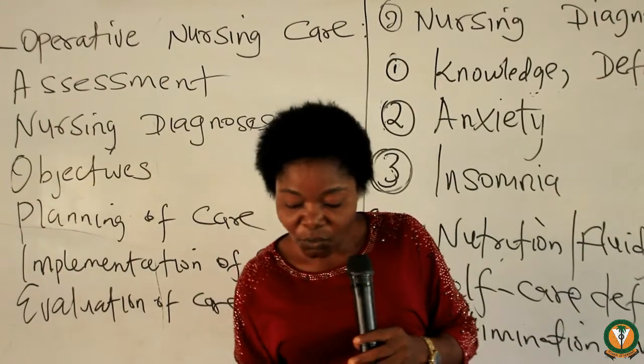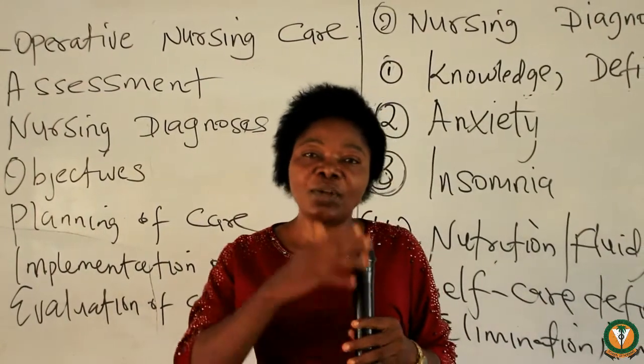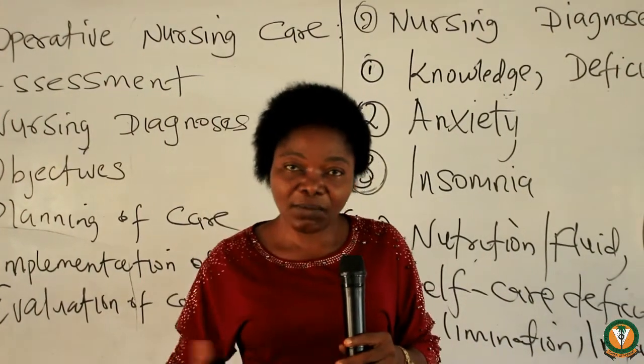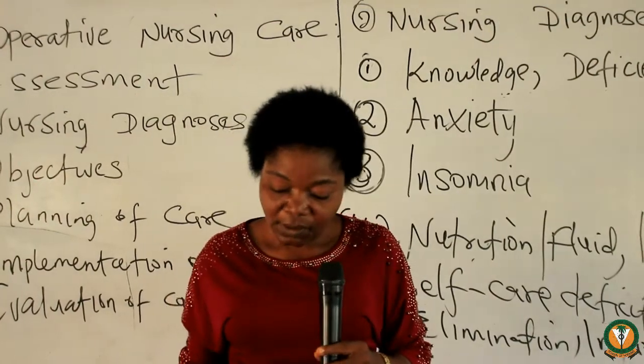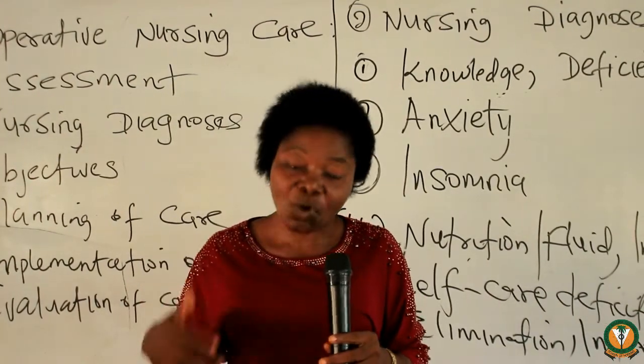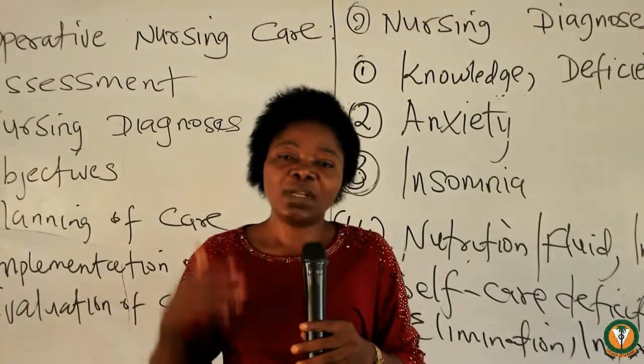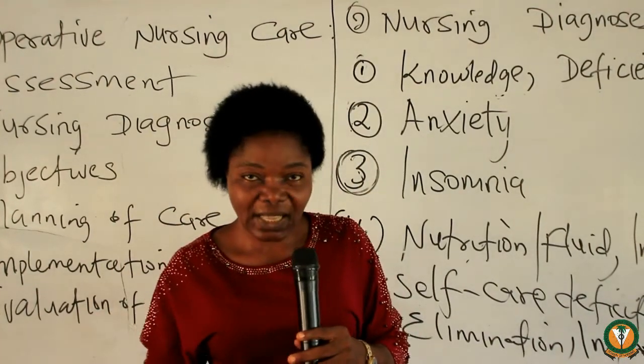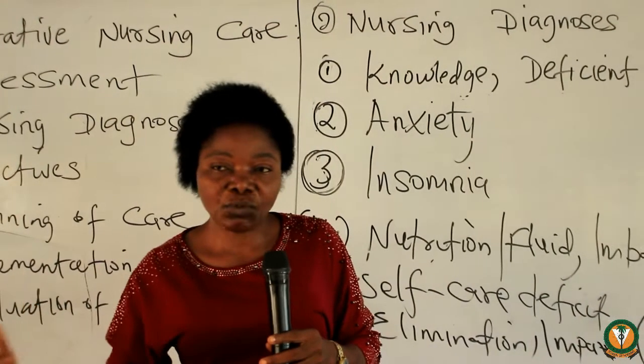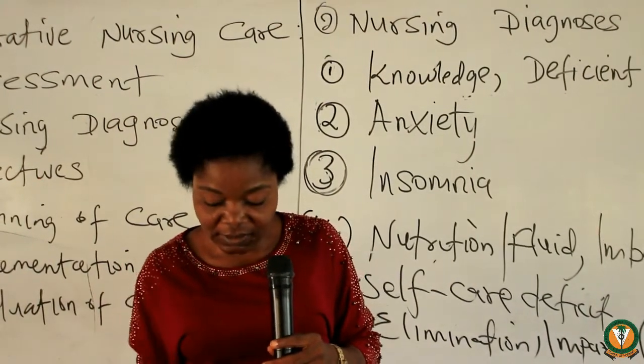Then verify whether the patient has completed all the preoperative tests that is prescribed for the patient. Verify also whether the patient understands some other specific orders like bowel preparation, insertion of indwelling catheter. If patient has not understood them, you have to explain all these things.